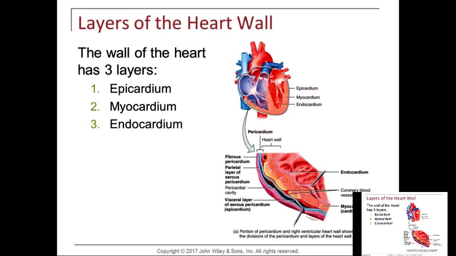The walls of the heart: epicardium, myocardium, and endocardium. 3 layers, right? Always loves the 3 layers. Major organs, you know, if you remember when we did reproductive and we looked at the smooth muscle of the uterus, there was the endometrium, the myometrium, and the perimetrium, right?